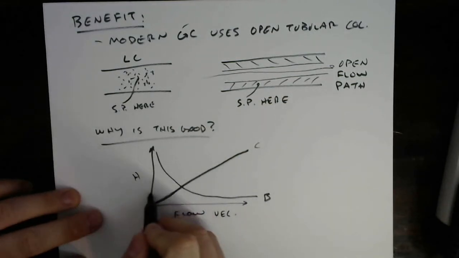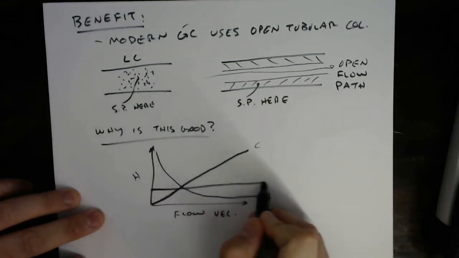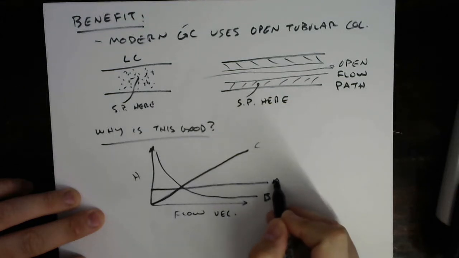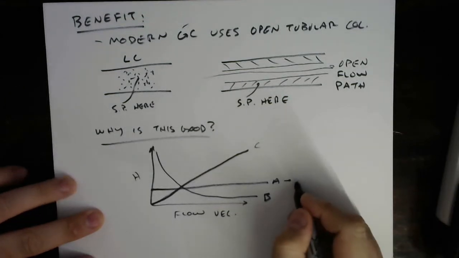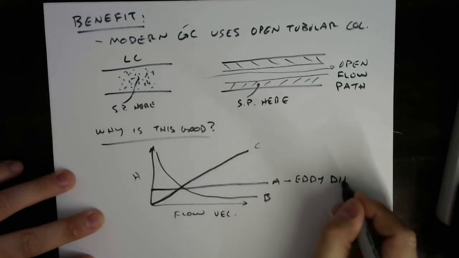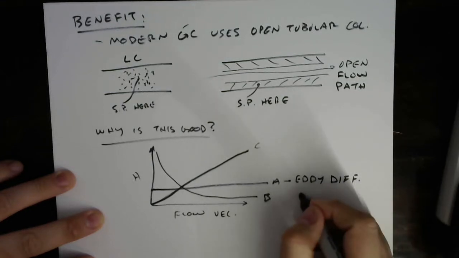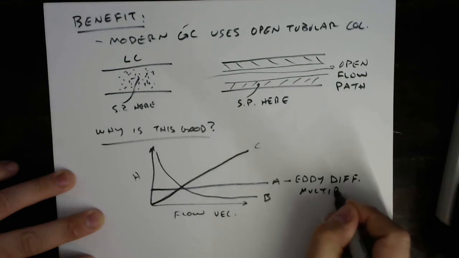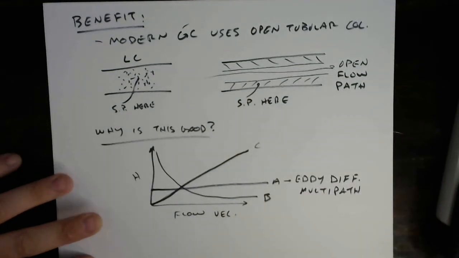But the third factor we talked about, the A term, that's our eddy diffusion. It's also called the multi-path term.